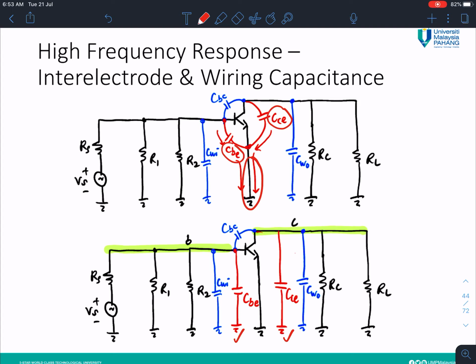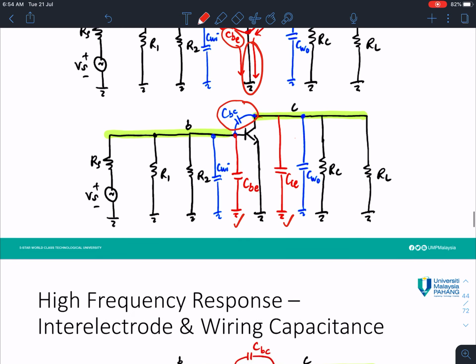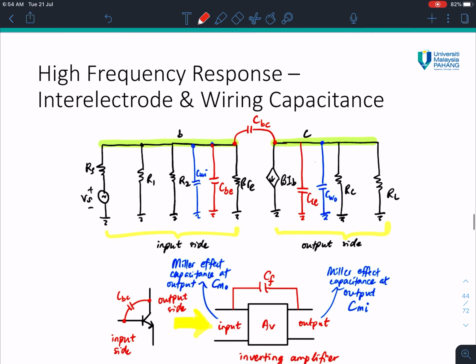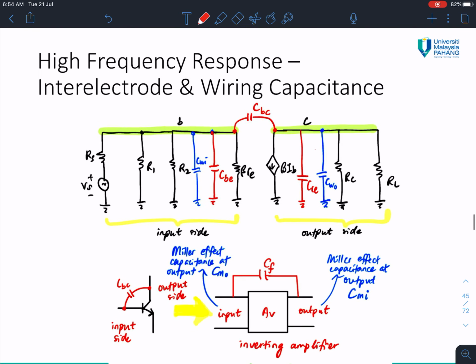This is the full AC circuit, however you can see the CBC is still like this. I cannot split this CBC, because it connects the B and C terminals. That's why we need another formula to solve this calculation later.